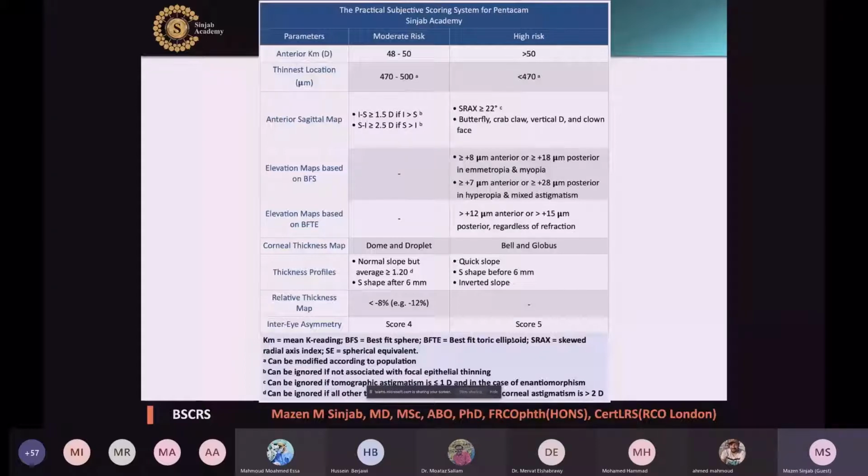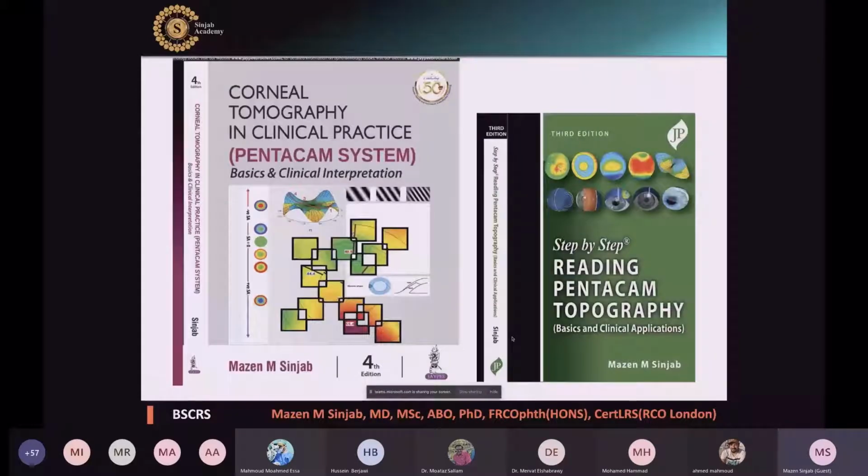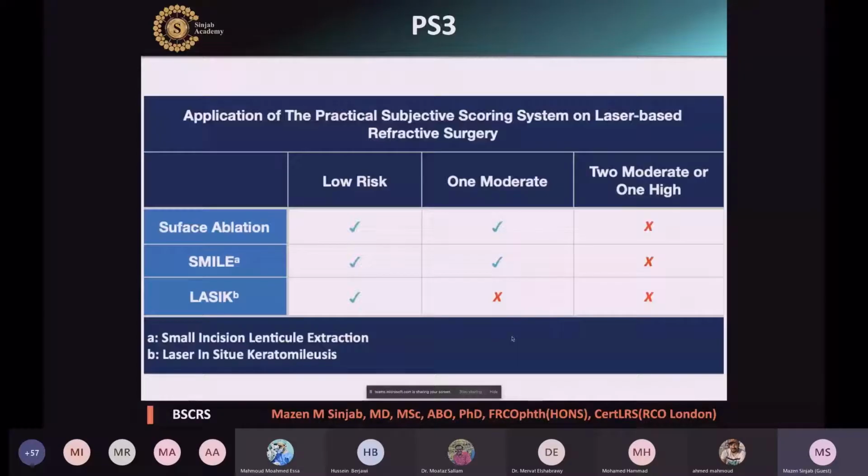There are many exceptions from considering a high risk or a moderate risk. So if you want to read more about it, you can watch my videos or you can go to my 2 books. After I do the PS3, I apply it to know whether the patient is okay for any type of laser-based refractive surgery or not.